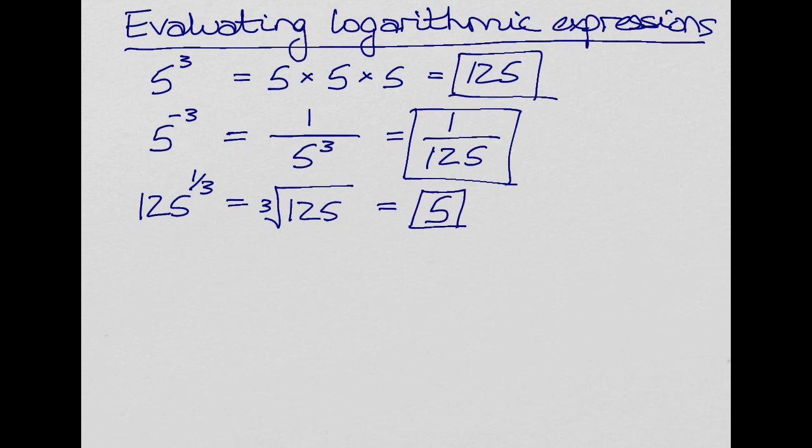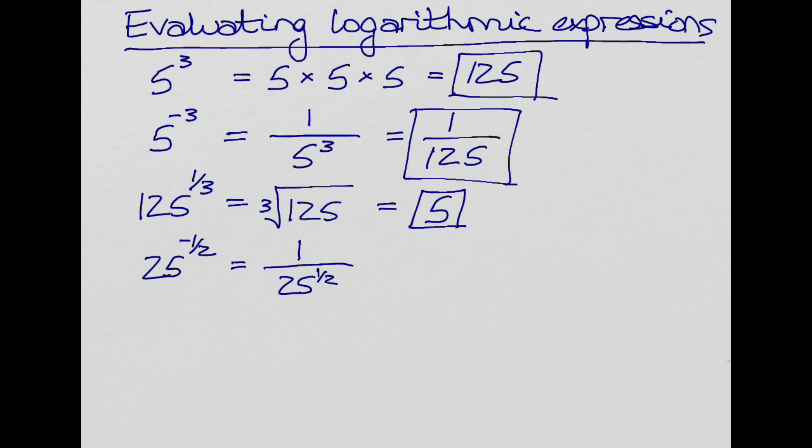And then, of course, we can combine these. If I say, let's say, 25 to the negative 1/2 power, well, the negative power is going to move me to the opposite side of the fraction. So that's 1 over 25 to the positive 1/2.